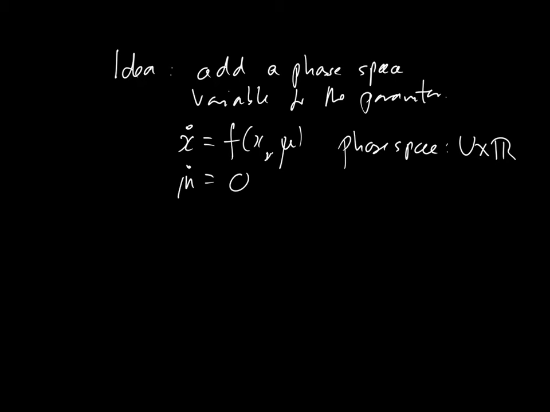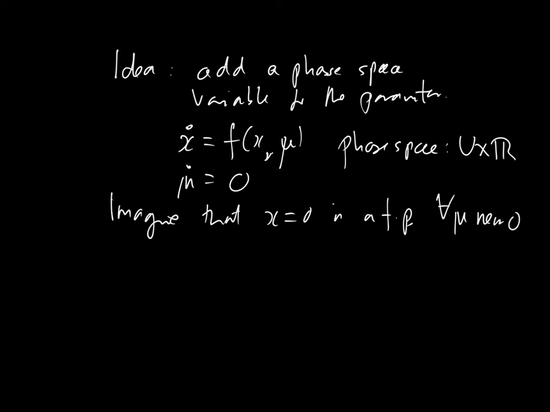So now imagine that x equals 0 is a fixed point for all mu, say, near 0. So you've got f of 0, mu equals 0.